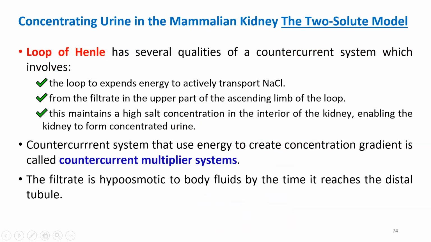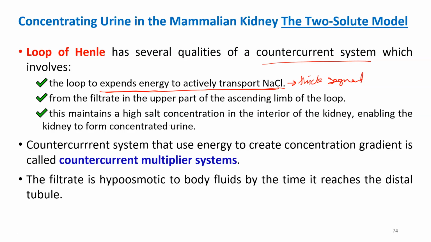Alright, so loop of Henle has several qualities of a countercurrent system, which involves the loop expending energy to actively transport sodium chloride. Okay, expend energy to actively transport sodium chloride occurs where? Occurs in the thick segment. Okay, in the thick segment. So in order for sodium chloride to move out of the filtrate in the thick part of the loop of Henle, it uses energy.